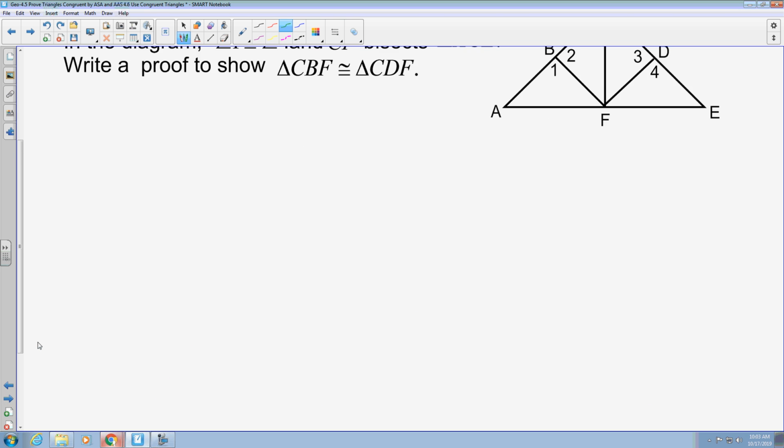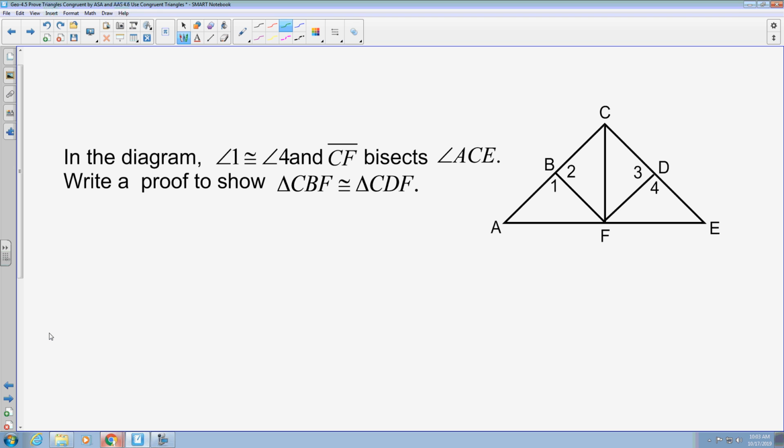All right, so here we have a diagram telling us that angle 1 is congruent to angle 4 and CF bisects angle ACE, and they want us to write a proof.